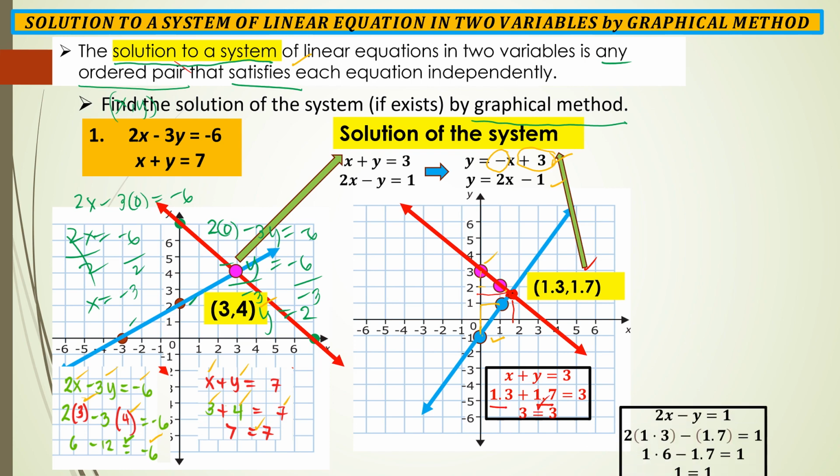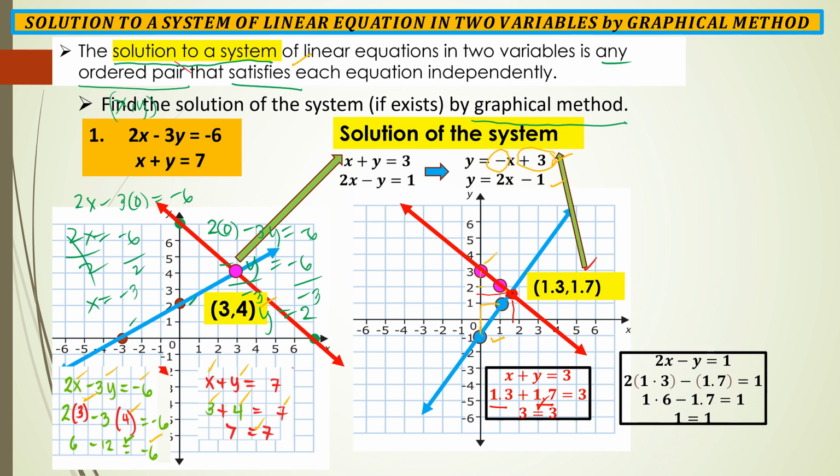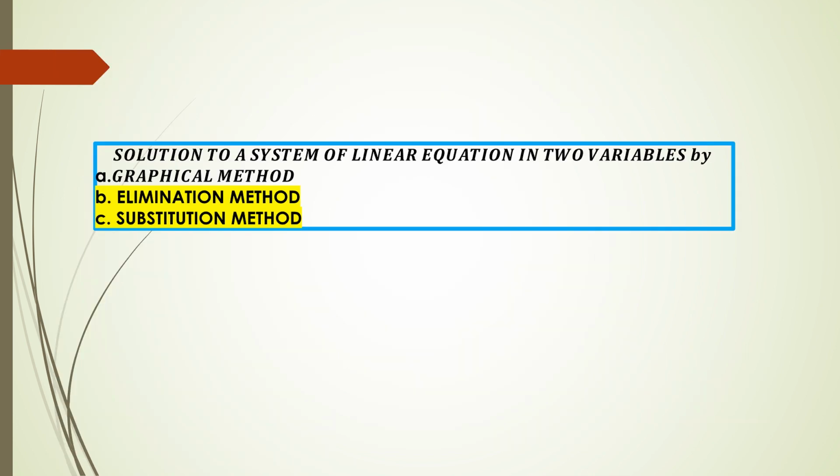So 3 is equal to 3. And then the next one is 2x minus y is equal to 1. So 2 times 1.3 minus 1.7. Remember that we have substituted the x and the y. Thus, 2.6 minus 1.7 is approximately 1, so 1 is equal to 1.